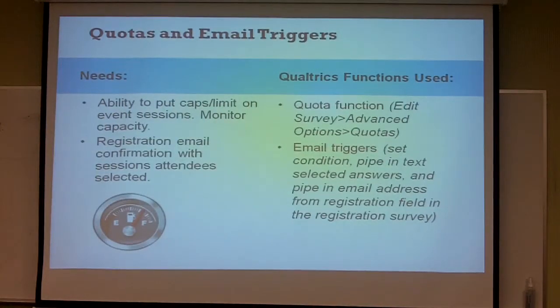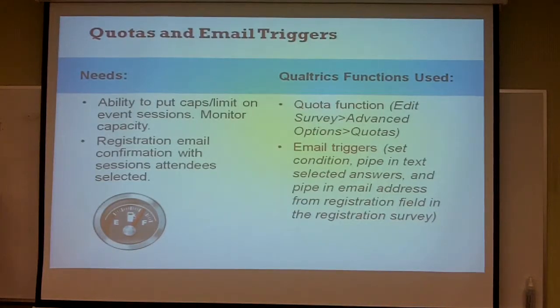Okay, quotas. The example is perfect timing actually. The example I'll give is the Qualtrics Day event. We really didn't market that too much, but after the first couple days, our sessions were getting way too close to capacity, that I was not comfortable with how close we were, and I didn't want to get myself in a situation where we had too many people signing up for sessions and not enough space.